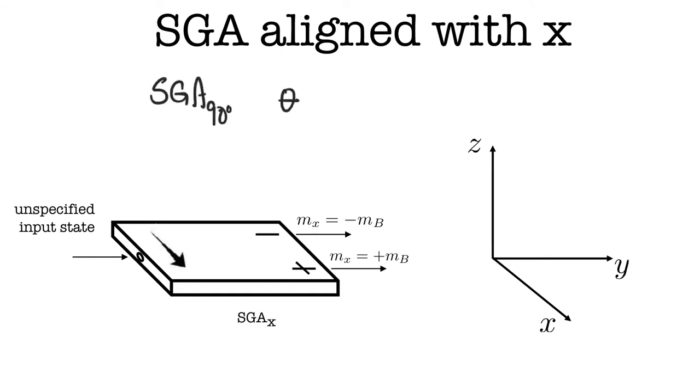In other words, theta is 90 degrees corresponds to the situation where the magnetic field on the Stern-Gerlach analyzer points in the x direction. So we should just think of SGA theta as any arbitrary orientation, and we'll sometimes use SGA-Z for theta of 0 and SGA-X for theta of 90.